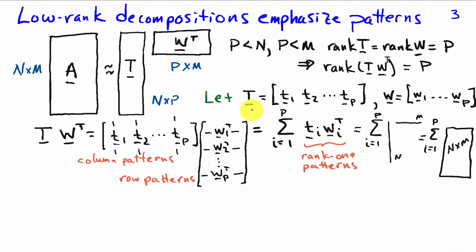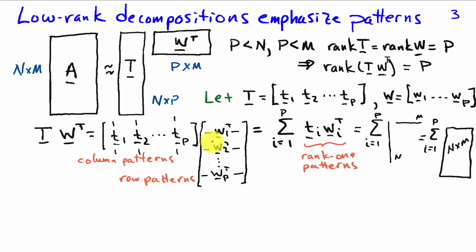So we're going to define the matrix T in terms of its columns, T1, T2 through Tp, and the matrix W in terms of its columns, W1 through Wp. And then T times W transpose can be written as the outer product of a series of column patterns associated with the T's times a series of row patterns associated with the rows of W transpose.